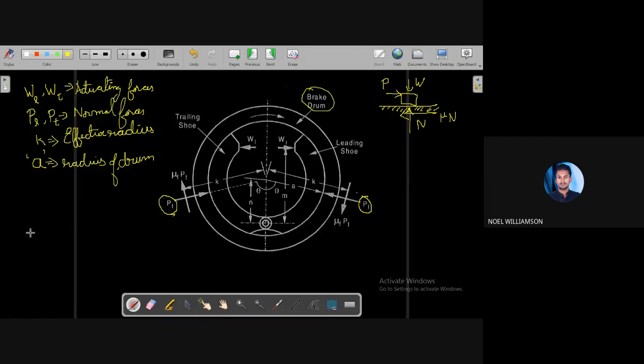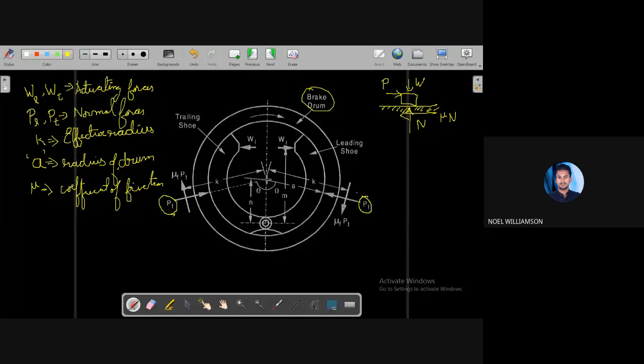Okay, anyway, so a is the drum radius and mu is the coefficient of friction.